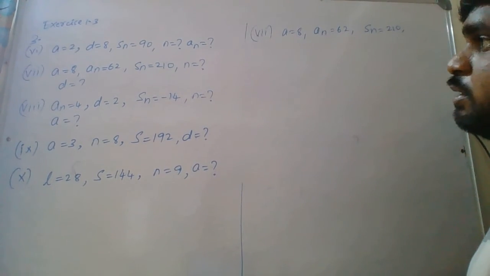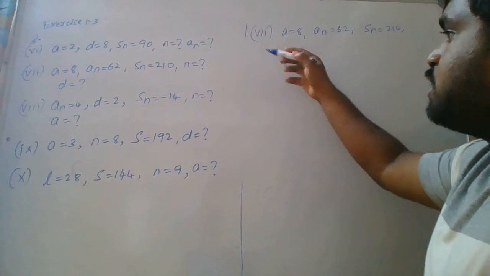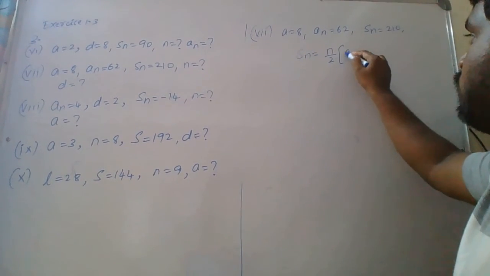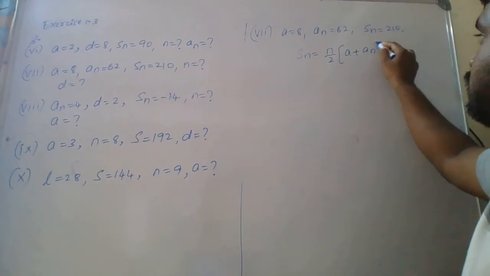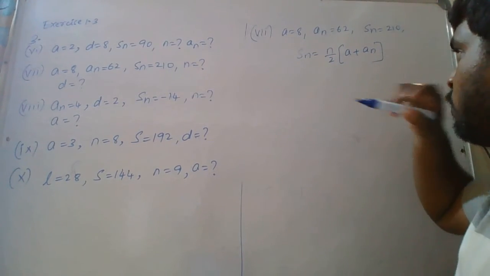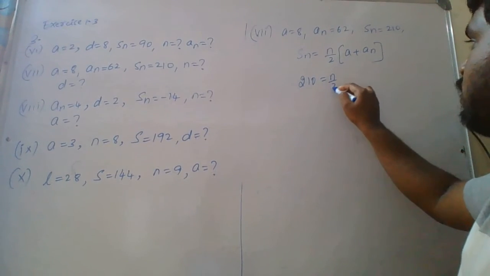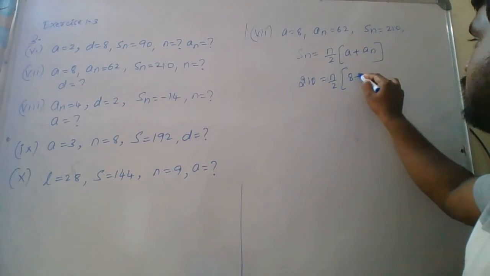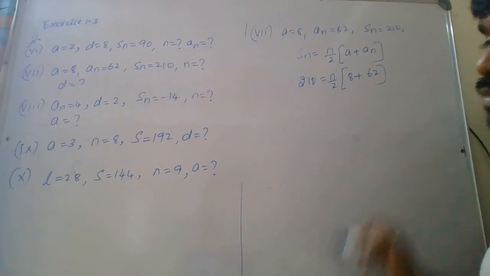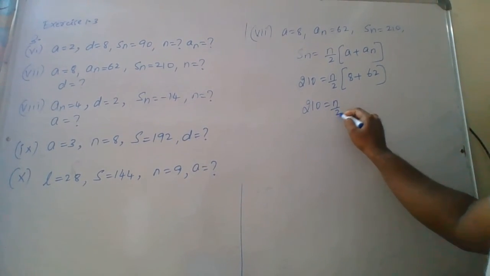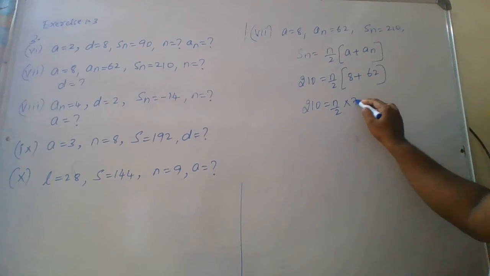So let's use this one. First, let's start with Sn. Sn is equal to n by 2 into a plus an. Sn is 210. n by 2. a is 8. an is 62. 210 equals n by 2. 62 plus 8 is 70.